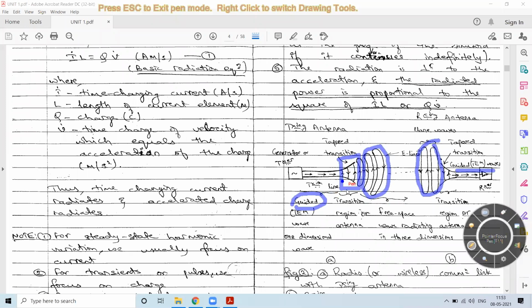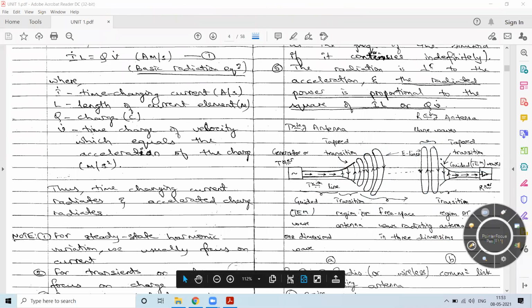We can consider antenna as a transducer which converts guided waves to spherical waves, and vice versa. So this is what is happening in the case of the antenna. This is another definition of antenna.